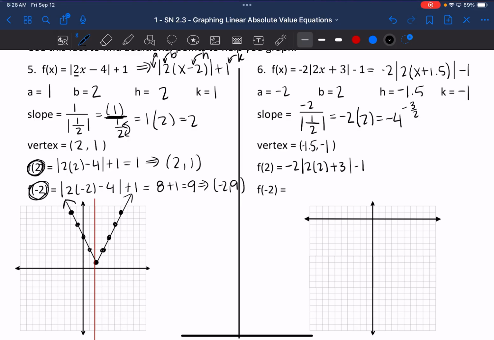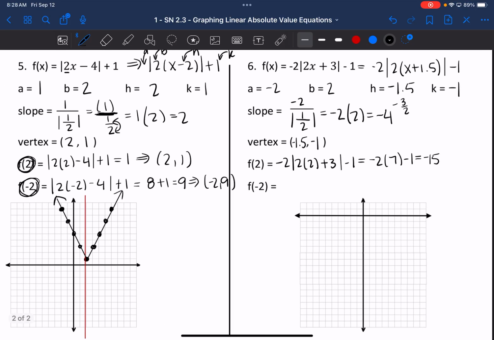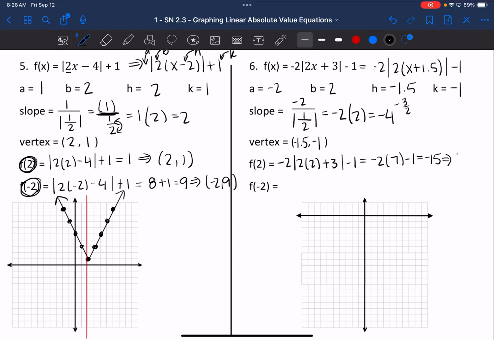And what's the absolute value of 7? 7. So this is going to be negative 2 times 7 minus 1. Well, negative 2 times 7 would be negative 14. Minus 1 would be, right. So this gives us the coordinate point 2, negative 15.